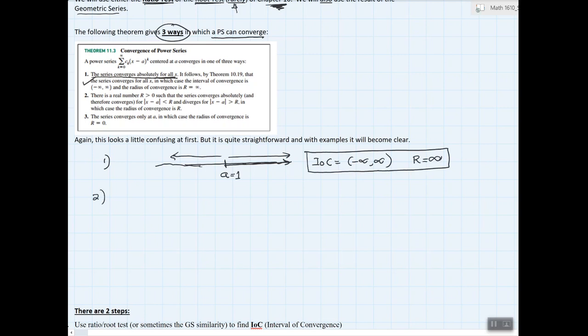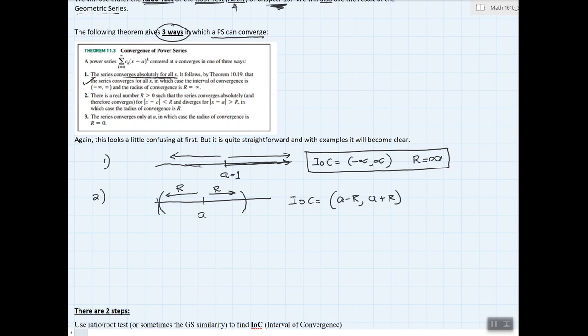Second possibility is that you have a, and then you find an interval like this. So the distance from the center a is r. That means your interval of convergence is a minus r all the way till a plus r.